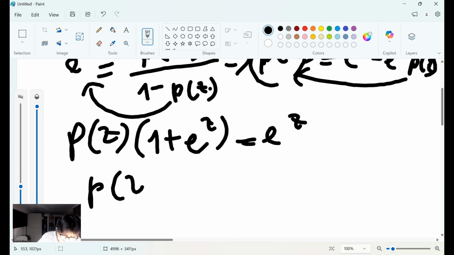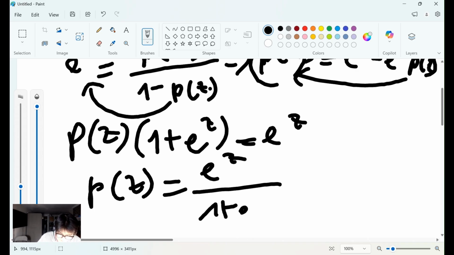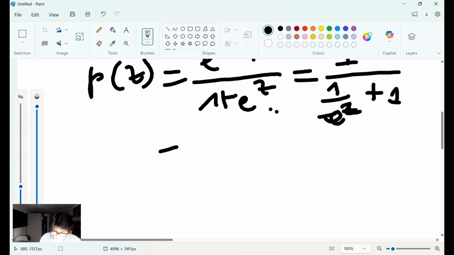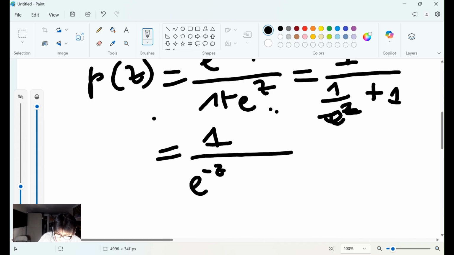And basically this is p(z) equals e to the power of z over 1 plus e to the power of z. Then divide this part and this part by e to the power of z, and you will have 1 over p(z) plus 1. So this is 1 over e to the power of minus z plus 1.